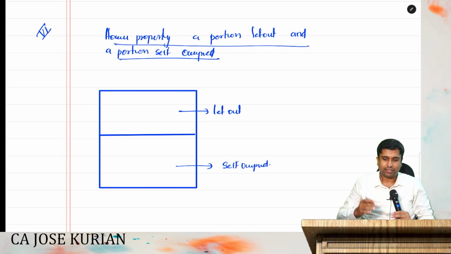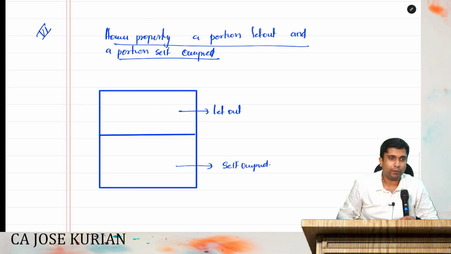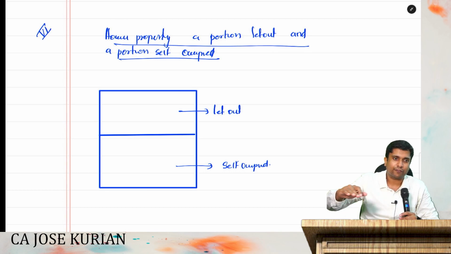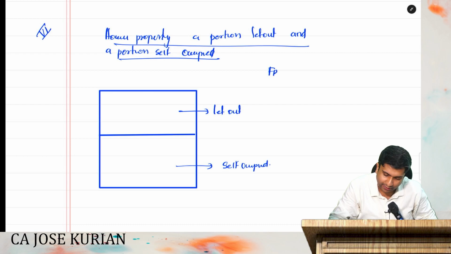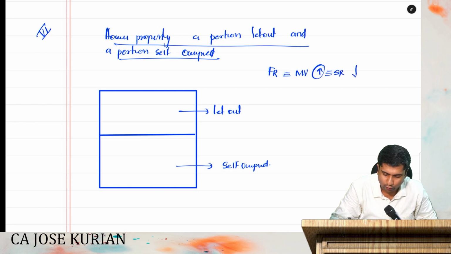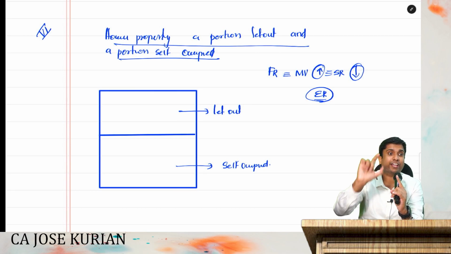If it is like that, then what you need to do is compute the gross annual value proportionately. What do you mean by proportionate? Based on the square feet of that particular property. First you need to take fair rent, compare it with the municipal value, take the higher, compare it with the standard rent, pick the lower. That is said to be expected rent. Then expected rent has to be apportioned based on the square feet.